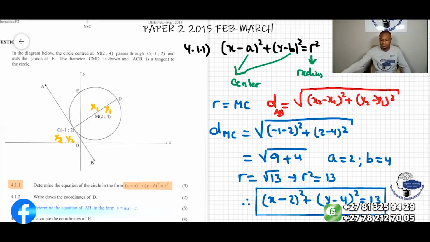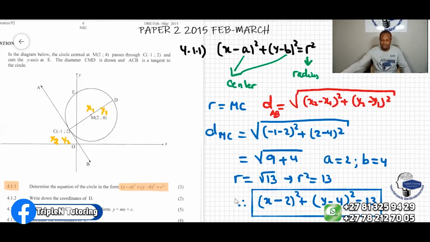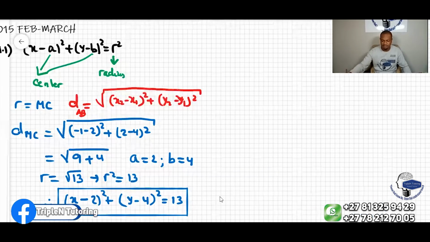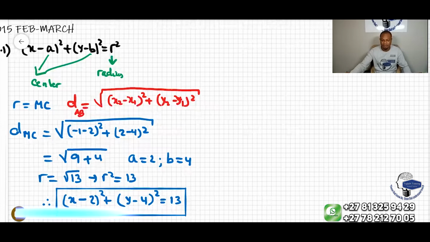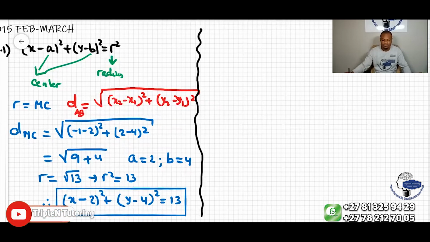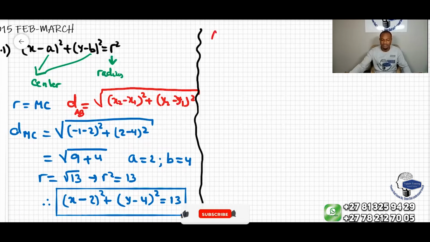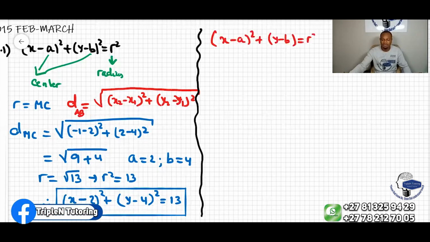We can also solve the same problem differently. Let me split my screen like this. We do know that the equation of the circle is given by (x minus a) to the power of 2 plus (y minus b) to the power of 2 equal to r squared.